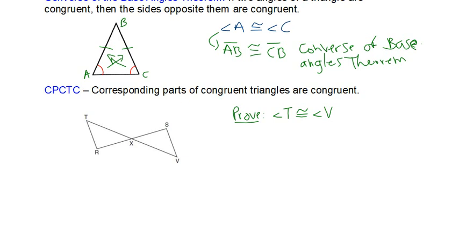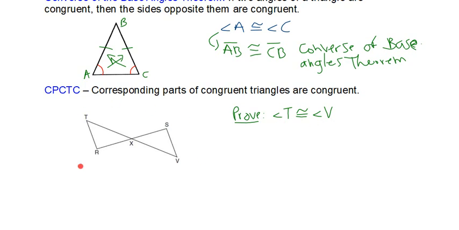So if, for example, you are asked in a proof to prove that angle T is congruent to angle B, the only way to prove that parts such as angles or sides are congruent is by first showing that the two triangles are congruent.